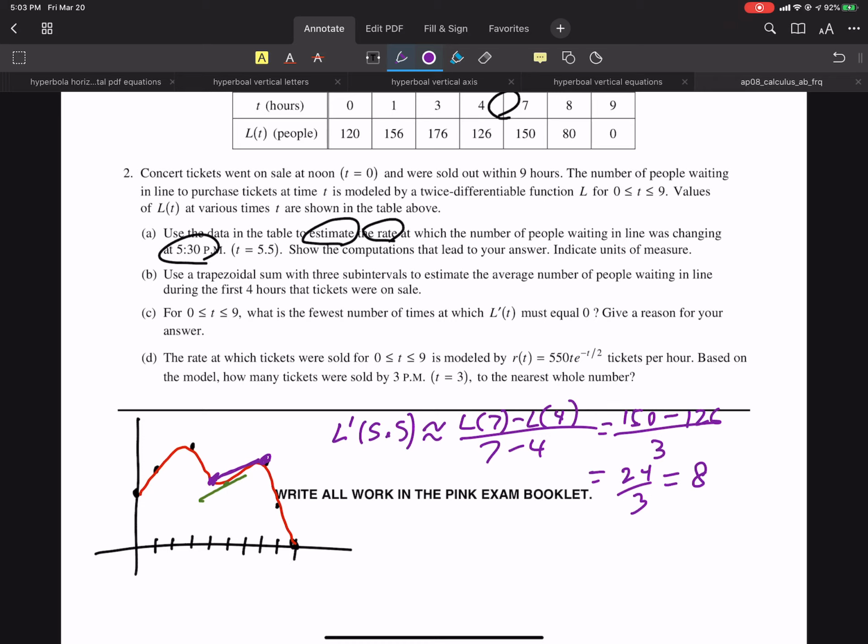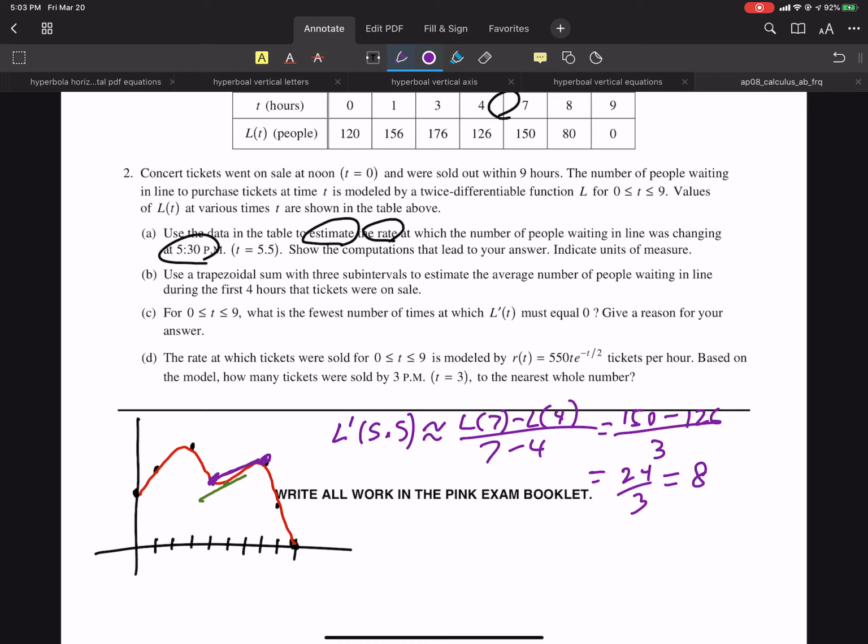So as I always tell you, you should read your question and make sure you've answered it. Use the data in the table to estimate the rate at which the number of people waiting in line was changing at 5:30. Show the computations that lead to your answer. We have done that. Indicate the units of measure. So this is where we have to be careful.